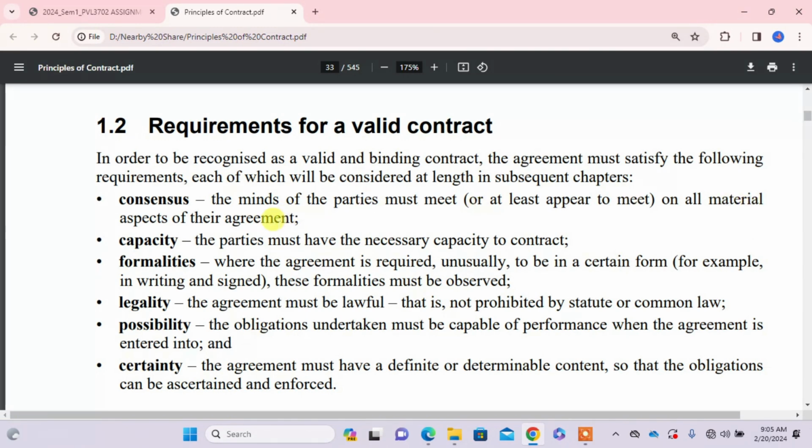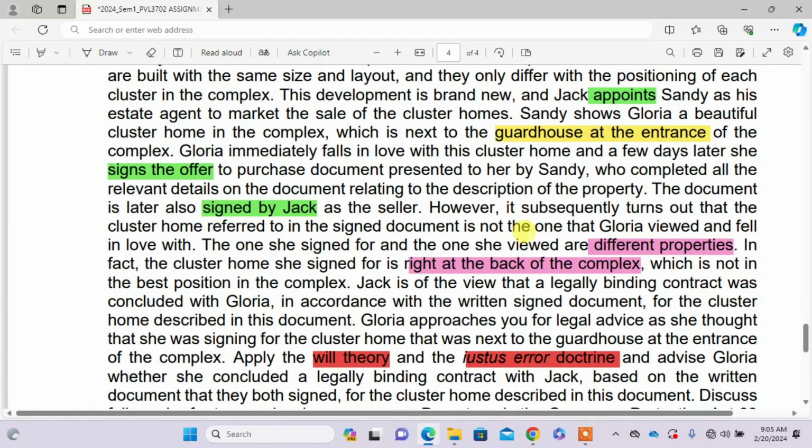Then let's look at whether the minds of the parties are meeting on all material aspects. Now we are coming back to apply that consensus and see if all material aspects of the agreement are meeting. Let's see.